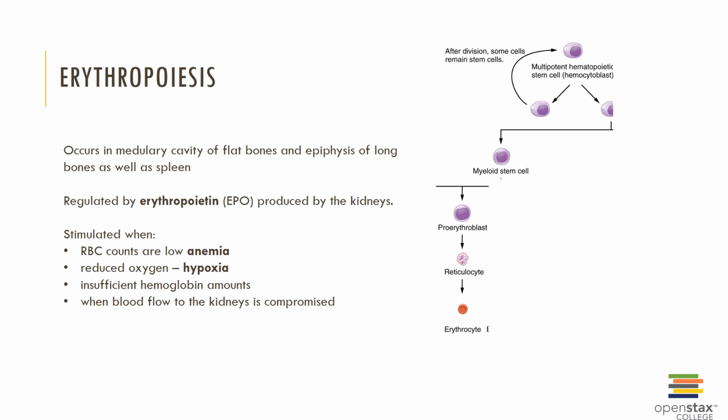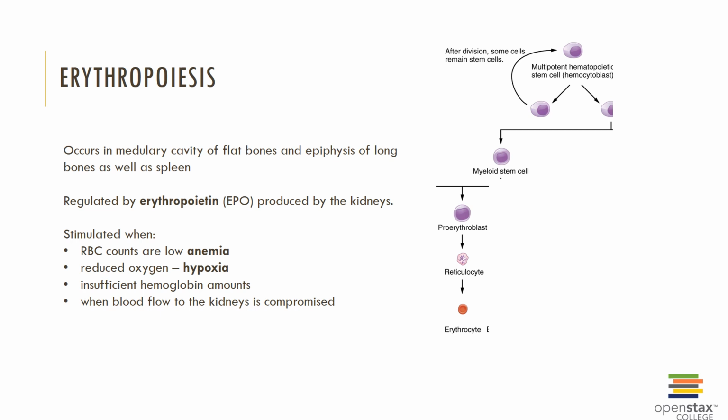The pro-erythroblast divides by mitosis to produce an early erythroblast. The early erythroblast, also known as a basophilic erythroblast, has ribosome synthesis occurring, which results in an accumulation of hemoglobin forming the late erythroblast.